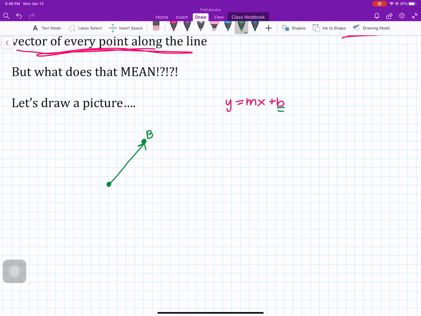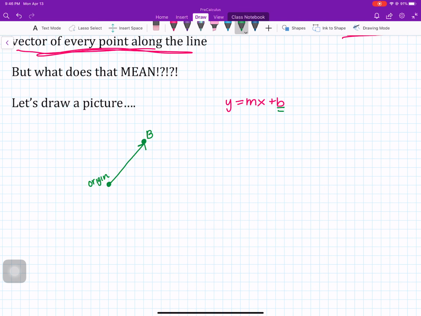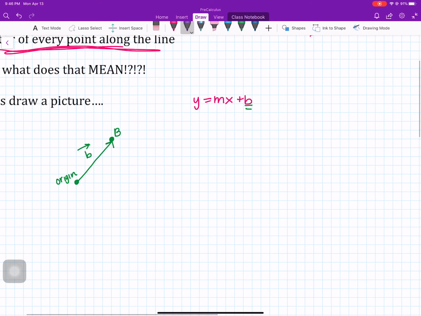So vector B, or point B, it would be the terminal point of our vector from the origin going to point B. Let's just call this vector B. Again, this B does not necessarily mean y-intercept, but you can think of it as like your starting point.